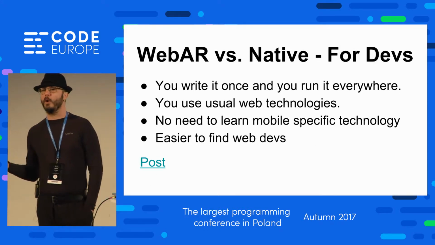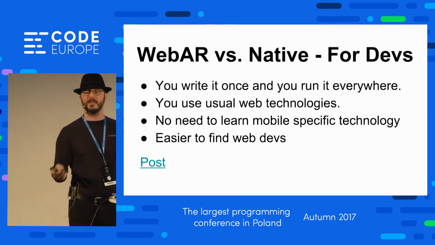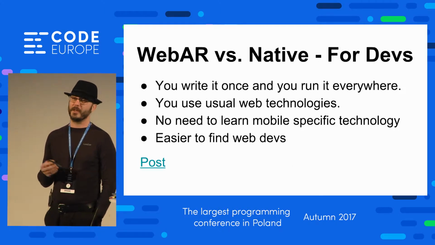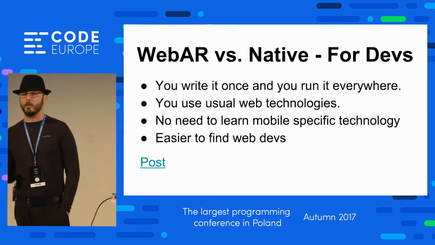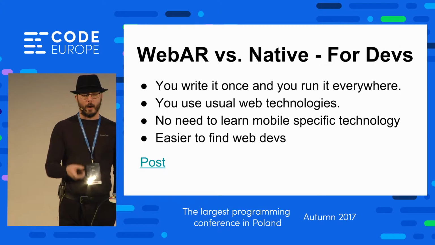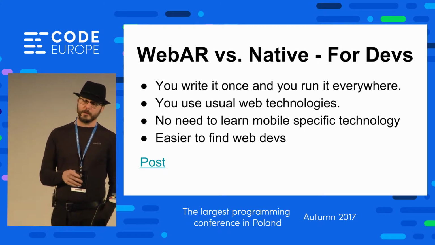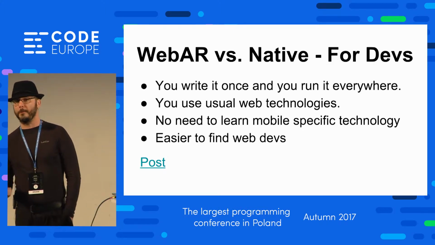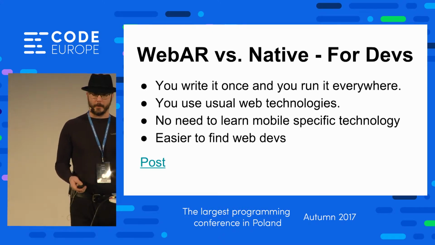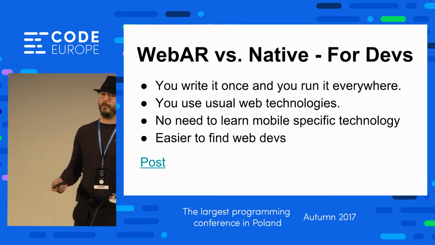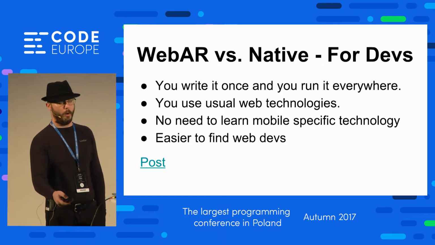Let's look more at what is web AR versus native AR. First, from a developer point of view. When you are doing the web, so web AR, you write your application once and it runs everywhere. This is the concept. When you do a web page, you don't write it for Mac, you don't write it for Windows, you don't write it for Android.